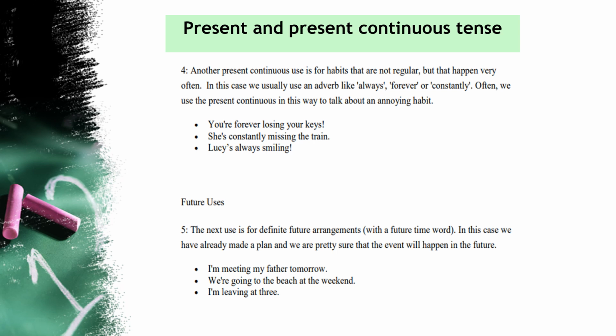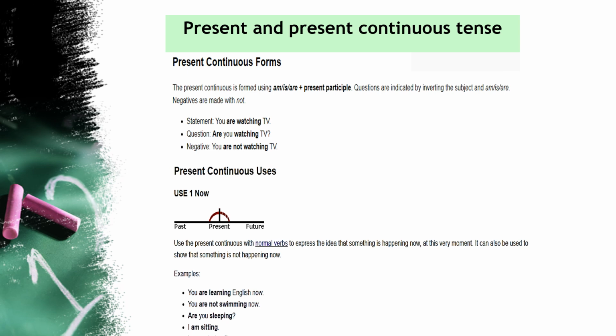Now, the form of the present continuous, as you know, is the verb to be plus the verb with -ing. So we can introduce the present continuous uses also. We can divide the tenses into past, present, and future. We use the present continuous with a normal verb to express the idea that something is happening right now, at the very moment.